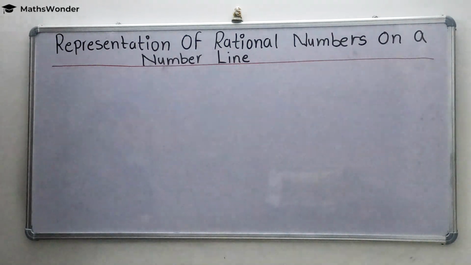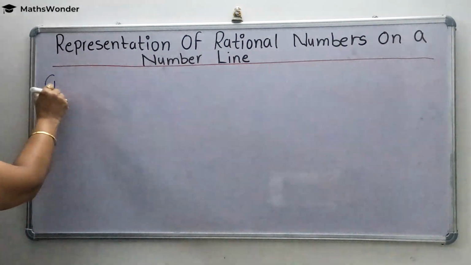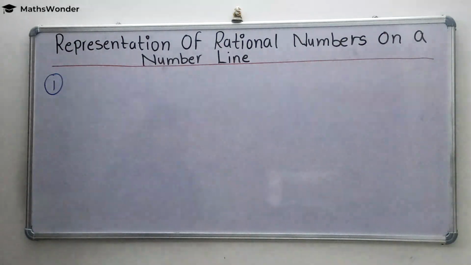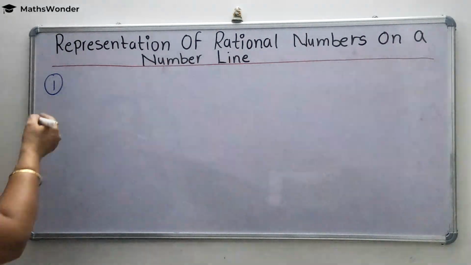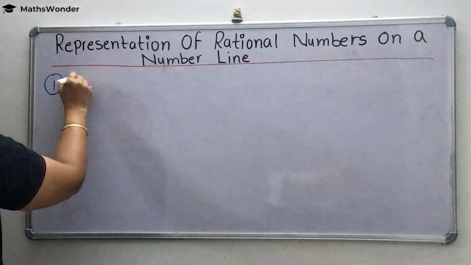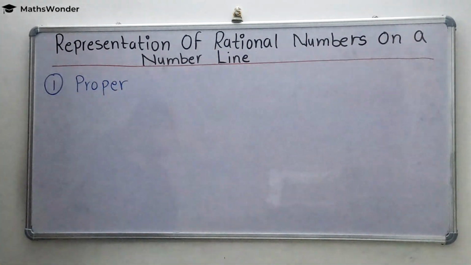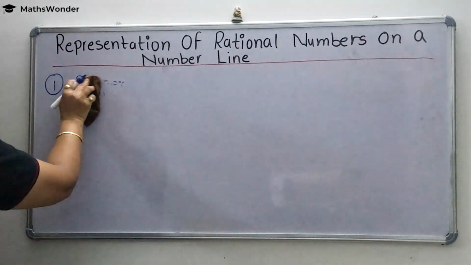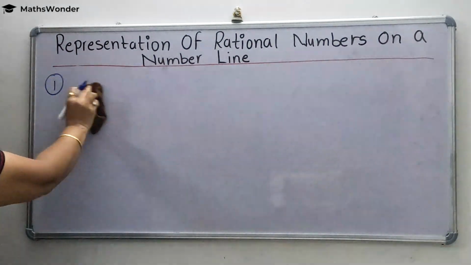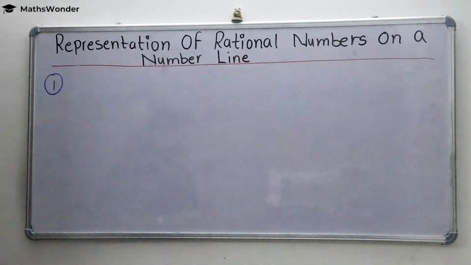So if the question is, there are two types of questions that arise. One is if the numerator is lesser than the denominator. If the denominator is big and the numerator is small, we can't call it proper or improper, but yes, we can think like that.